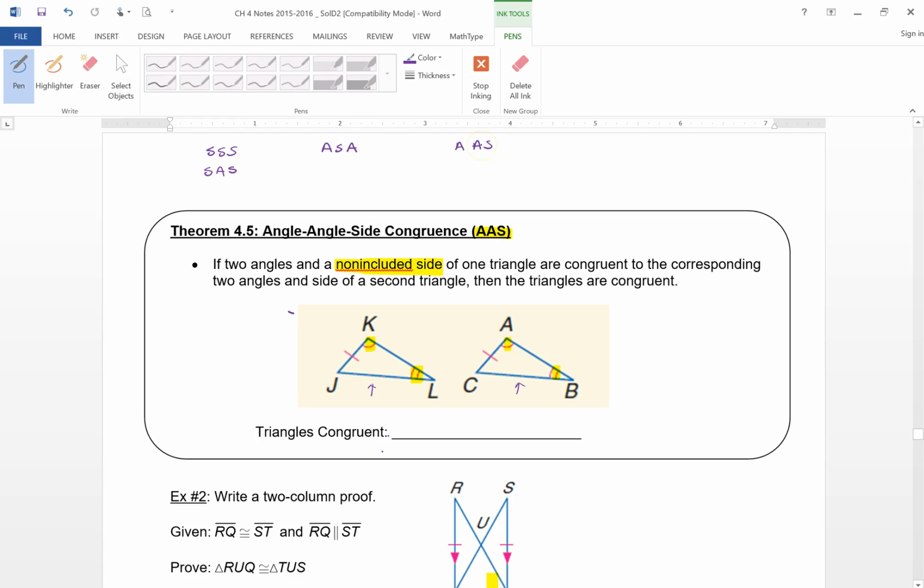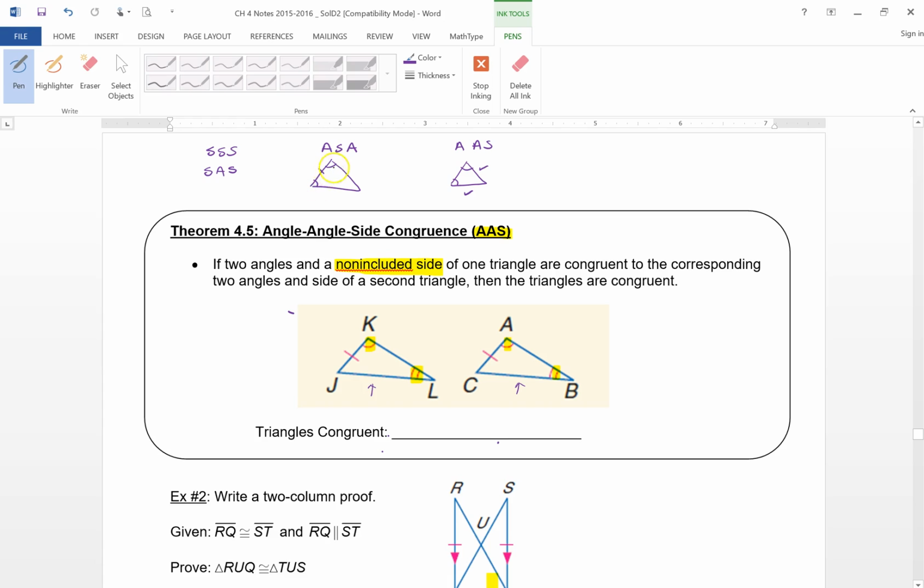Let's compare ASA and AAS for a minute. ASA is saying that I need two angles and the side that's included. AAS is saying that I need two angles and the side that's not included, meaning it could either be this one or that one. So what's the moral of the story?